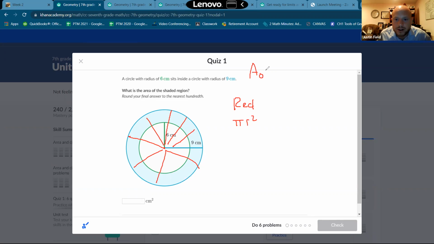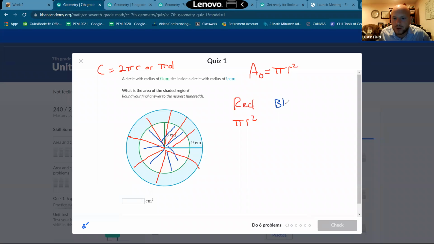The circumference of a circle is 2 pi r or pi d, but we're not going to use that right now. We're talking about area. We also have the smaller circle, which I will color blue. It's actually a white circle in the picture.